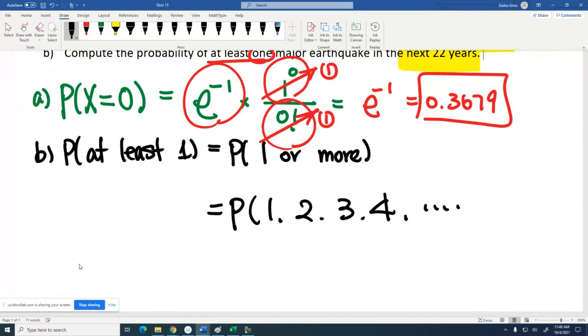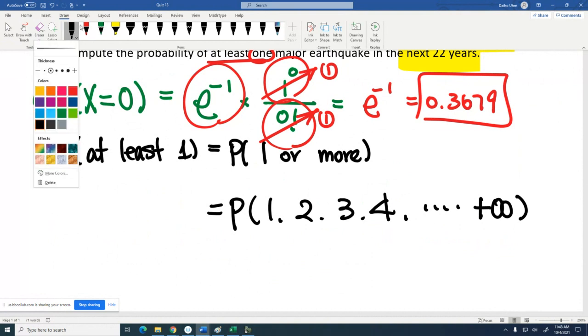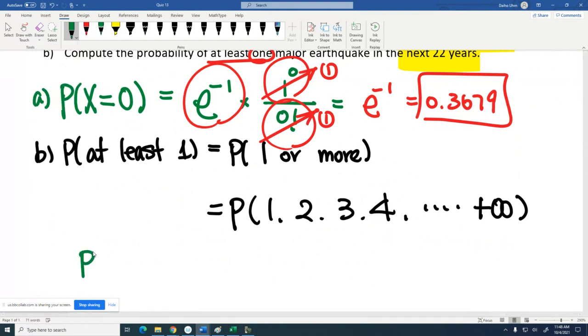Just a second. The Poisson distribution is going to what? Did we have any limit? Unlimited, right? It's up to infinity. Uh-oh. Any idea? We are going to take the sum of infinite probabilities from 1 to infinity. Just a second. Let me ask you.